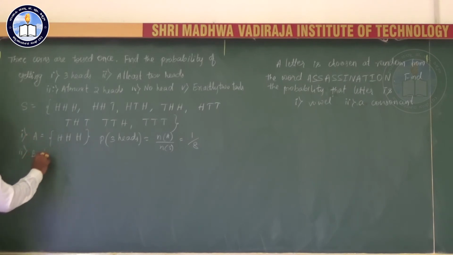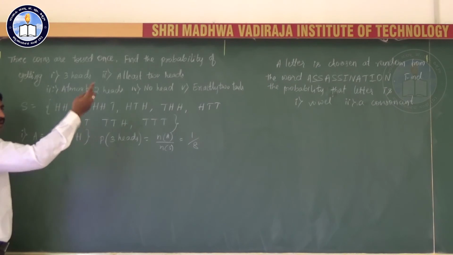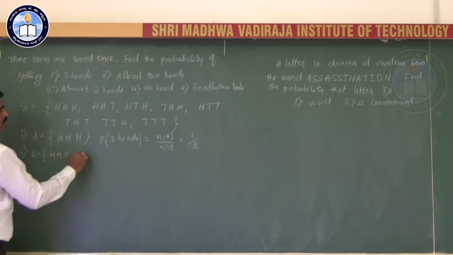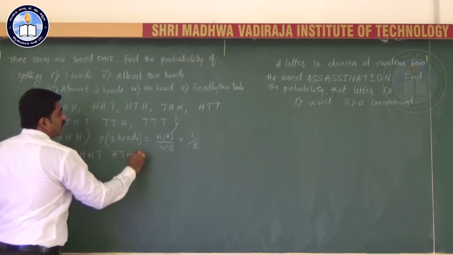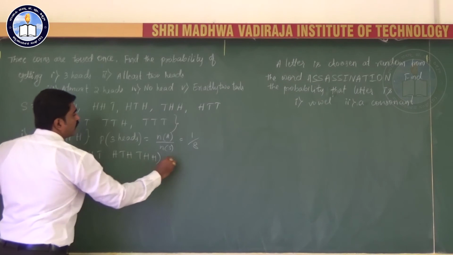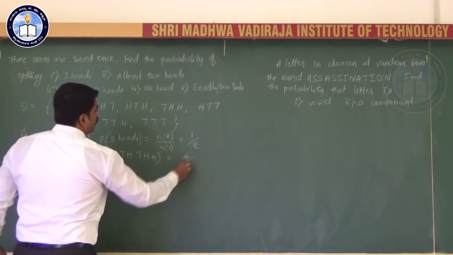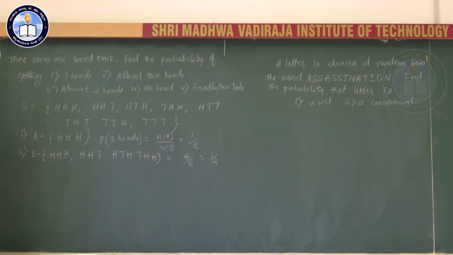Let me take it as event B. At least 2 heads means minimum 2 or more than that. So this event comes with 2 heads, HHT, HTH and THH, and 3 heads. So there are 4 outcomes out of 8. So therefore the probability is 1 by 2.